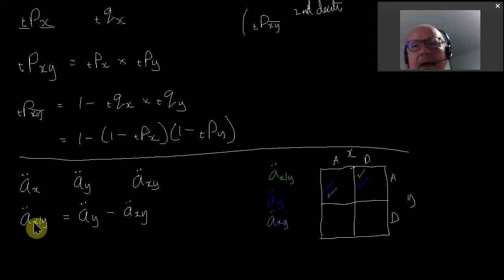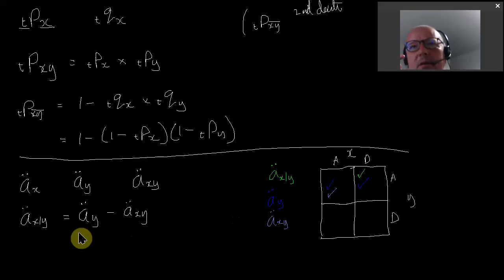Because X reversionary Y is paying out just if X is dead and Y is alive. A double dot Y is paying out in the here, and A double dot XY is paying out just here.